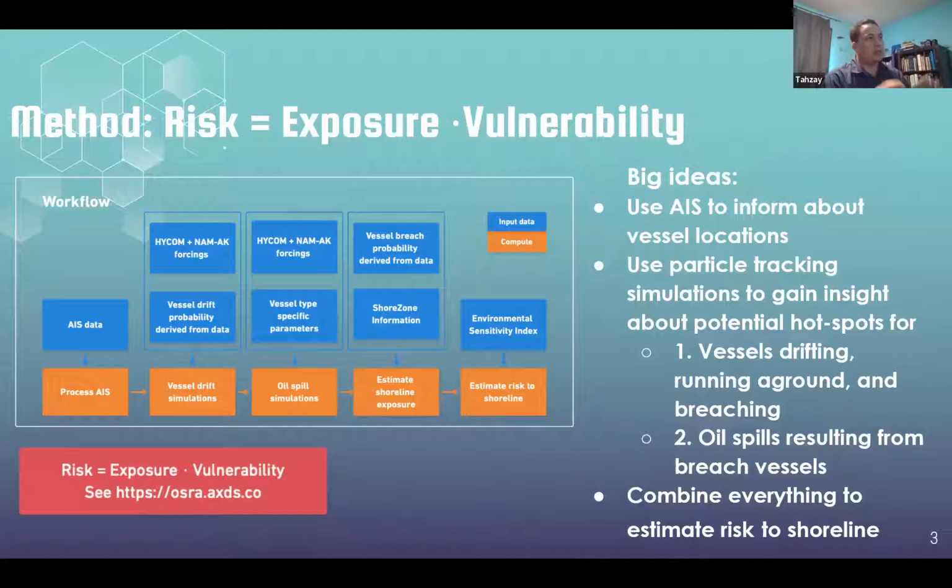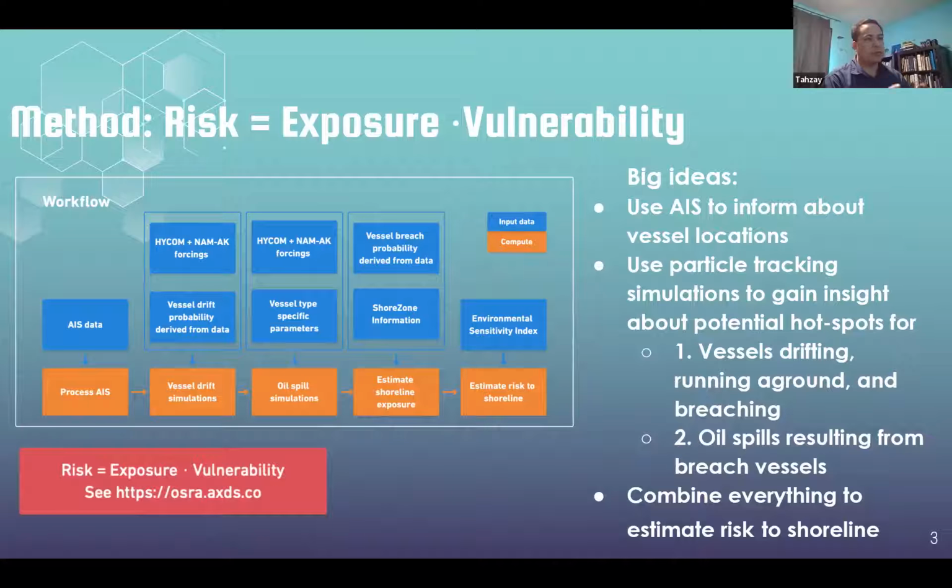There was this large component of inputting data that we needed to get. So all the data we needed to gather, and that's kind of shown here in the blue. And then there was the actual computational component that needed to happen, which is what we see here in the orange.